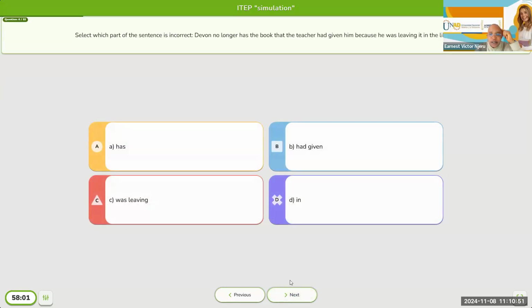So you see, this one requires teachers' analysis. Let's go to the second part. Which part is incorrect? Devon no longer has the book that the teacher had given him because he was leaving it in the library. Was leaving. Do we agree? I think so, yeah. There shouldn't be he was leaving it.